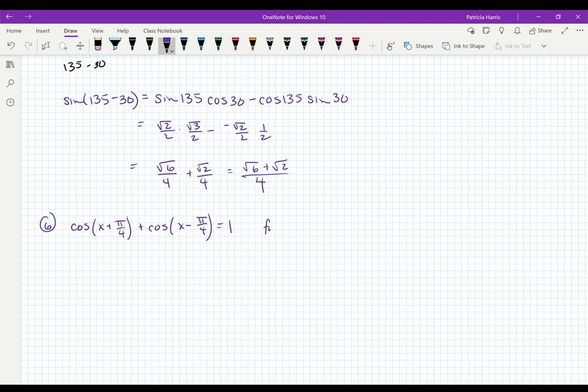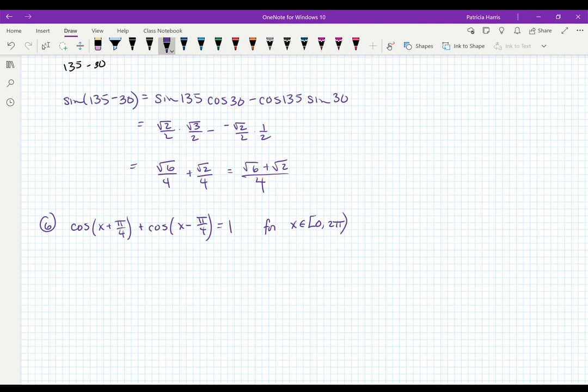And we're solving it for x in the interval 0 to 2 pi, not included. So what that means is that all of your answers will be valued at 0 to 2 pi, which means they will probably be on the unit circle.